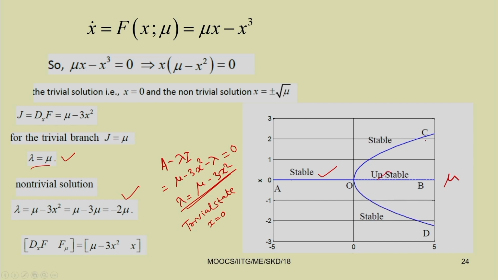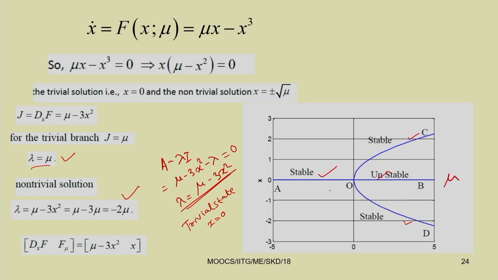Now for the other two branches, let us see. This becomes minus 2 mu on the right hand side. For this non-trivial branch, mu is always positive, so minus 2 mu is always negative. So, both of these branches are stable.